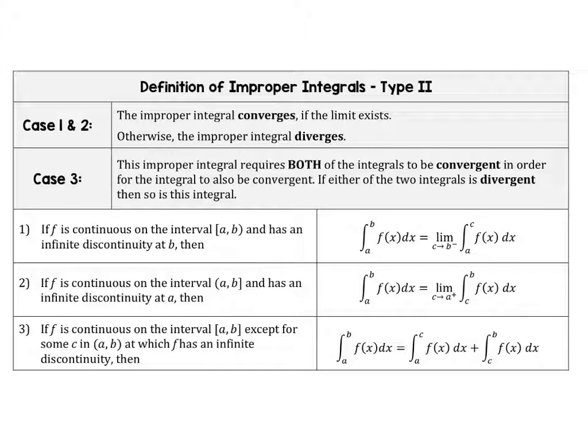Okay, now we're going to look at our places where we might have discontinuities. And that's going to go along with the example we just looked at. So in example 6, this is a good classic example. Notice that we are looking at integrating the natural log of x, and that is going to go from 0 to 1.